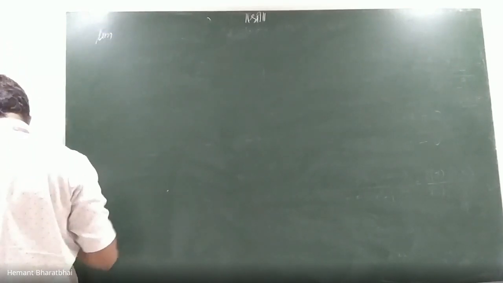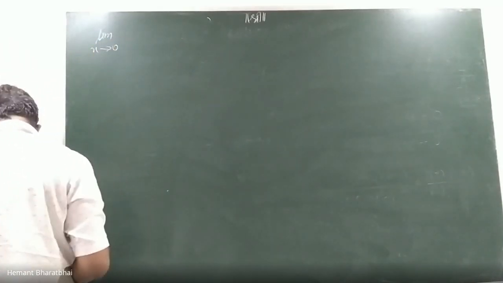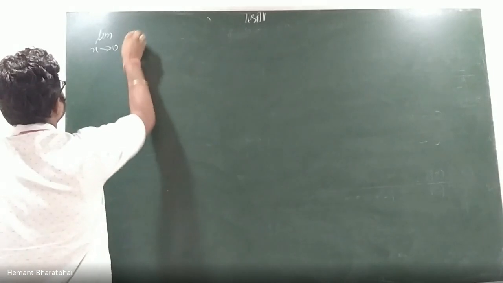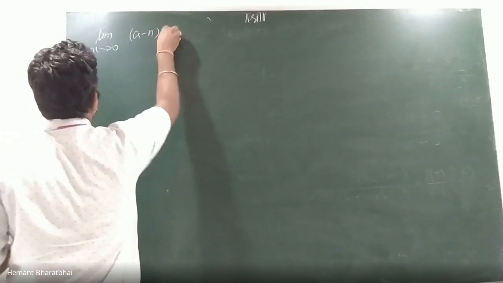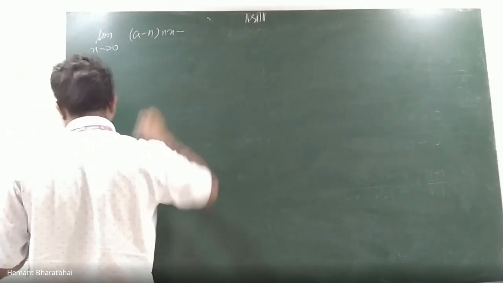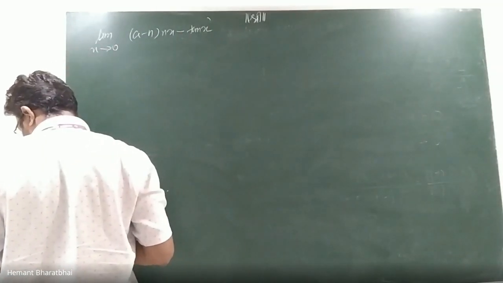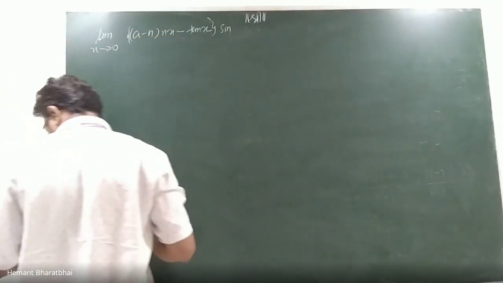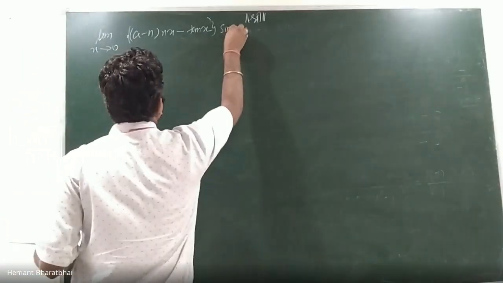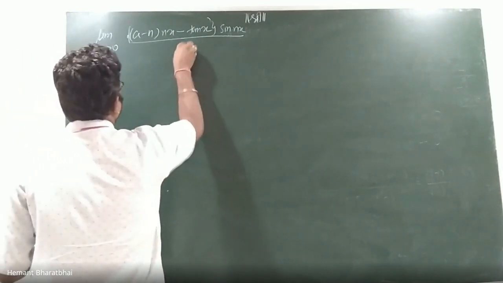Next numerical: limit of x tends to 0, (a minus n) into (nx minus tan of x), the whole into sine of nx upon x square.